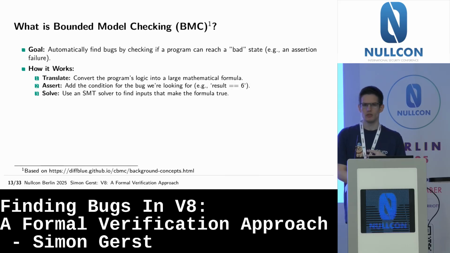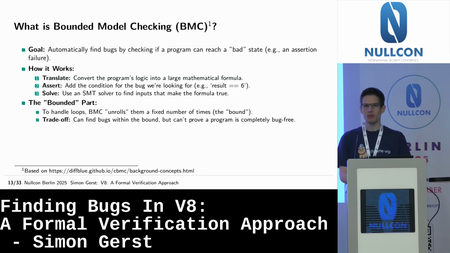It works in basically 3 steps. You translate your program into a large mathematical formula. Then you add the condition you are looking for, your assertion. And finally, you use an SMT solver, or you can also use a SAT solver, to find inputs that make the formula true.